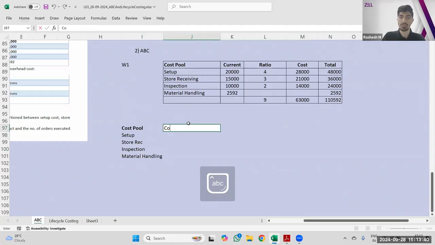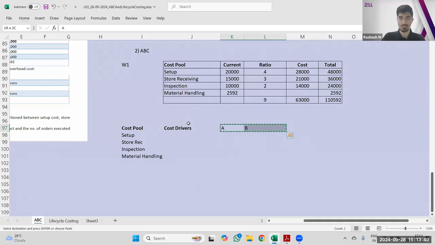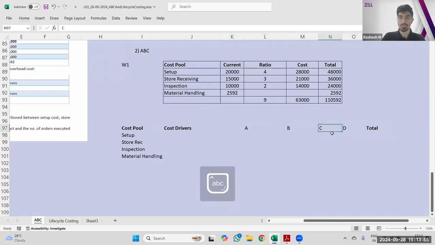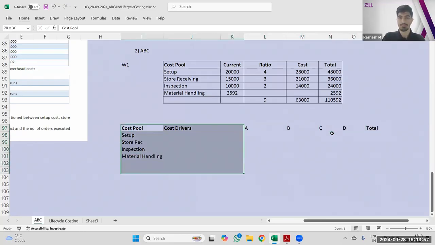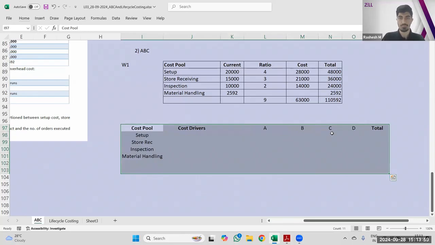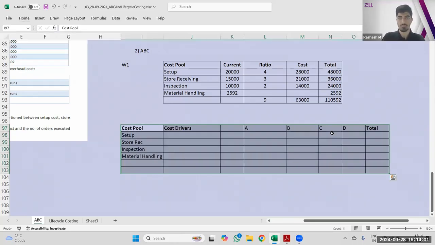All right, we'll find out our cost drivers. We will have 4 products. And we will have our total cost, right?